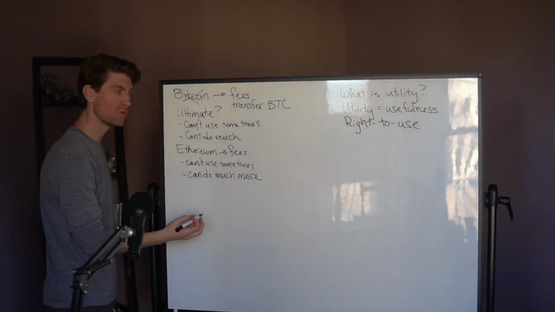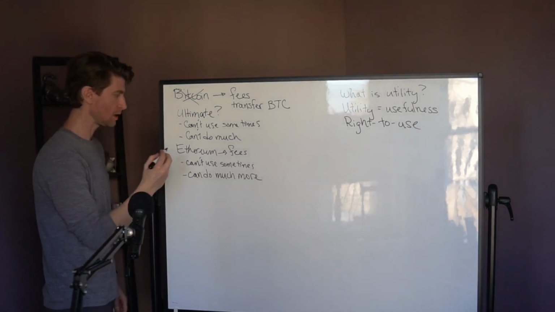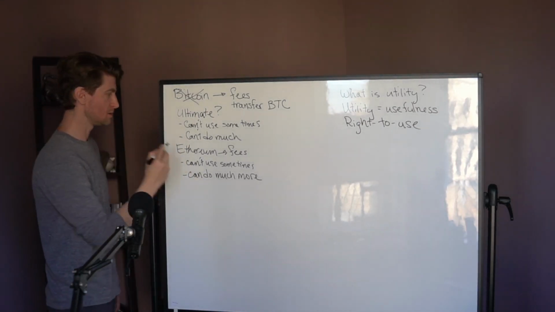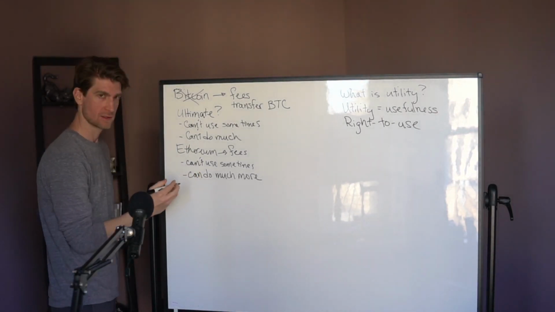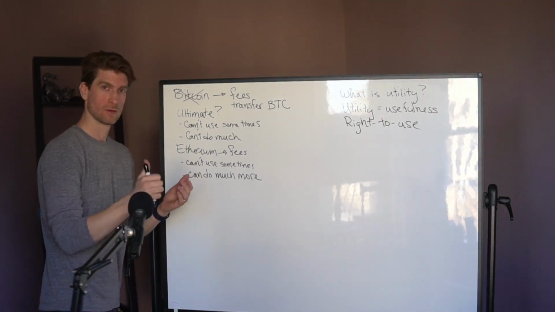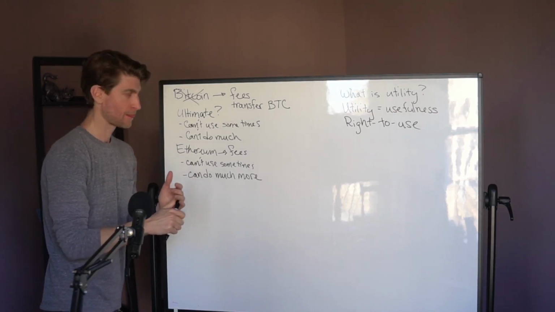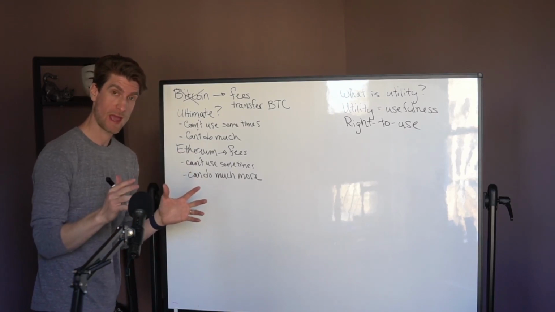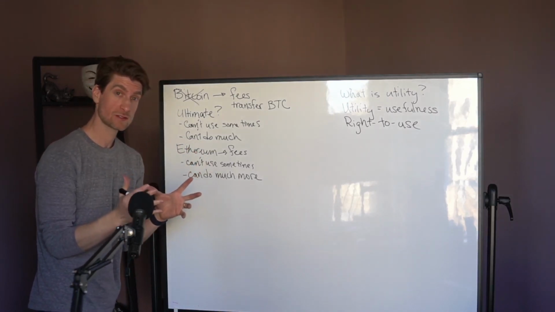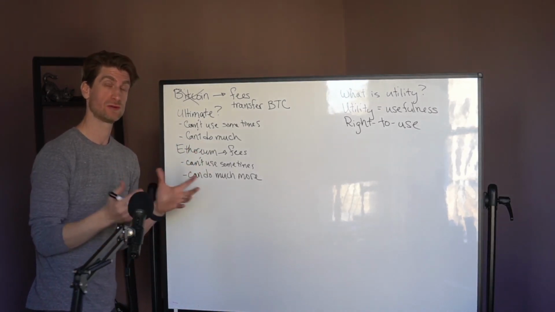Why can you do much more on Ethereum? Because Ethereum is a general purpose blockchain, which means that it has compute, it has storage, and it has network bandwidth. And these three things are what combine to create a computer.